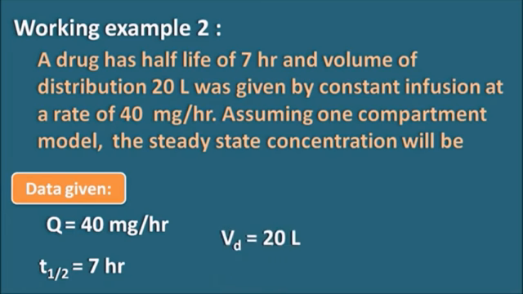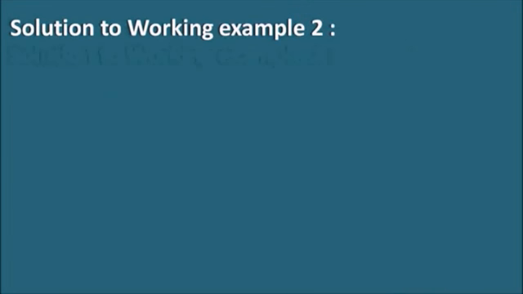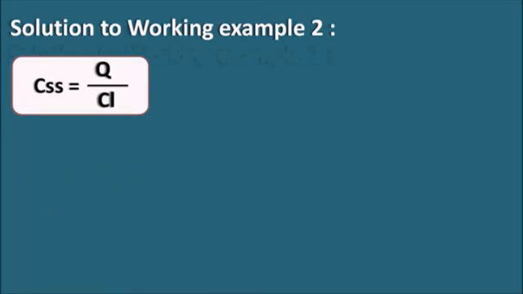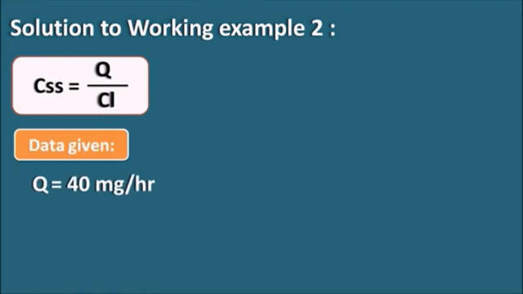We know that CSS equals Q upon CL, but here CL is not given. Data given is for Q, T half and Vd. So we have to calculate the clearance first. We know that clearance equals Ke into Vd. Here Vd is given, but again the Ke value is not given.